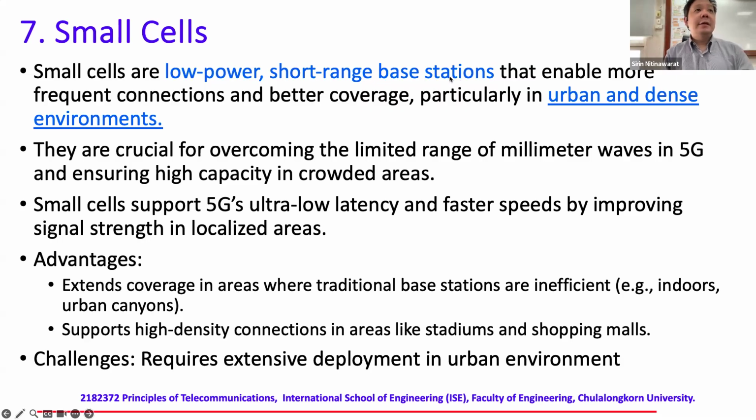As a consequence, these base stations are smaller than the base stations for macro cells. They use less power. Okay. You can deploy more of them than the macro cell base stations. Okay, this will allow users to connect more frequently and better, particularly in urban and dense environments.